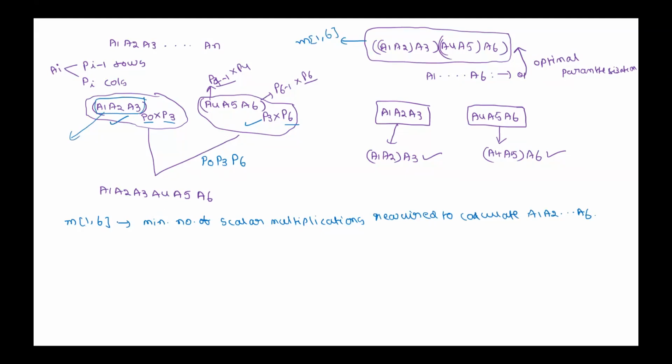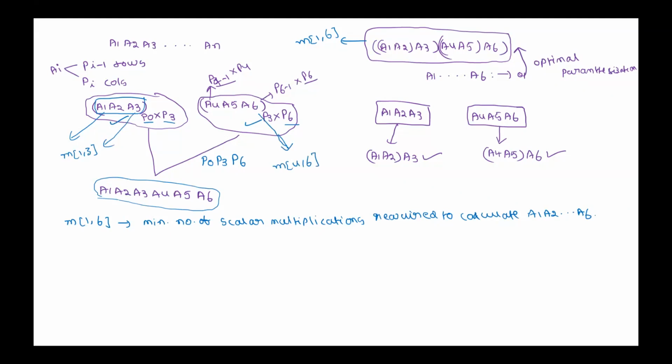M1,6 is the notation we are using to find the product A1 to A6. For A1 to A3, what is the number of multiplications required according to the similar notation? M1,3 we can say. Here, M4,6.